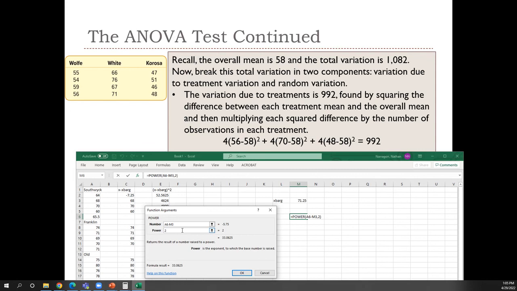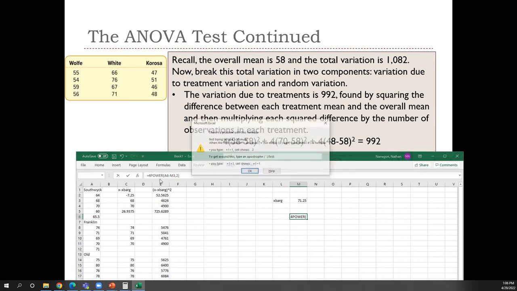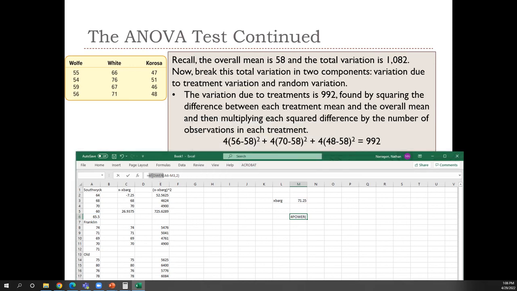Okay, then we're going to square it. Okay, so I can't go 4 multiply the power of that one, so 132.25, good.